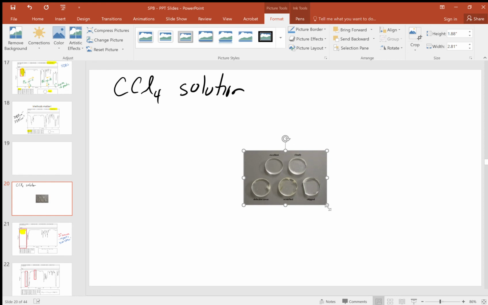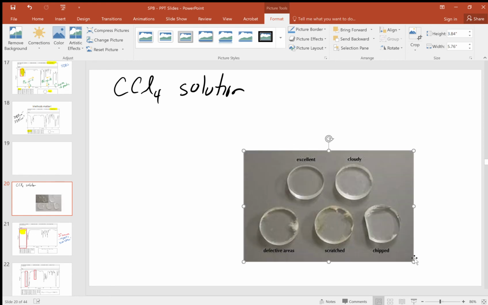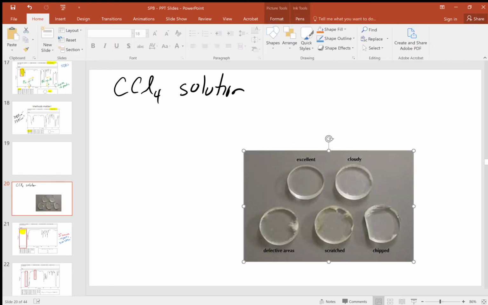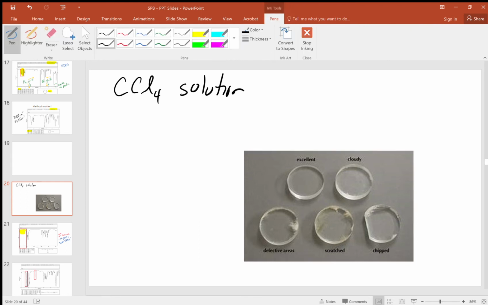And you can see some pictures of them here. So these are some examples of what we would call liquid, well, not liquid film, but these are the sodium chloride plates.